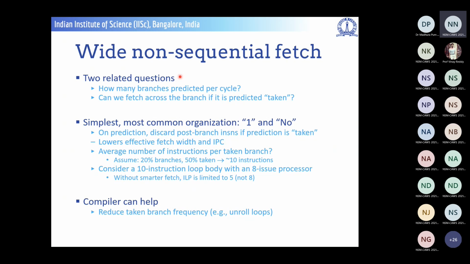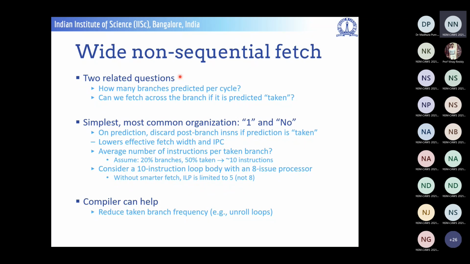If the branch is not taken, which means that you don't jump, you are following the straight line of code. But if you have branches and you have to jump, then the straight line of fetching one instruction after another doesn't work.